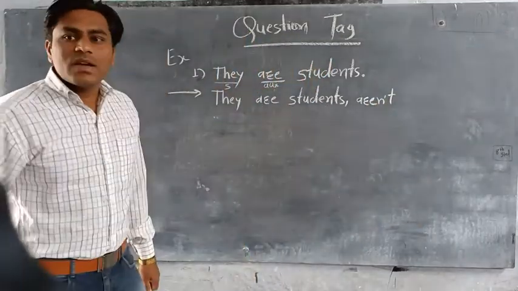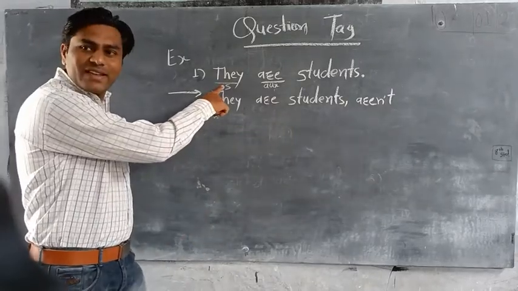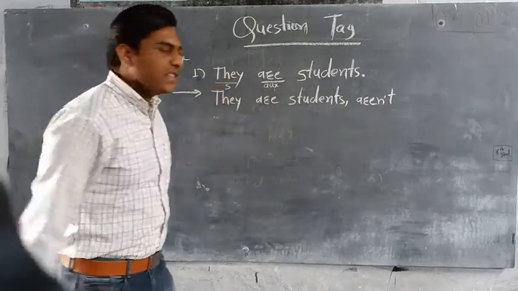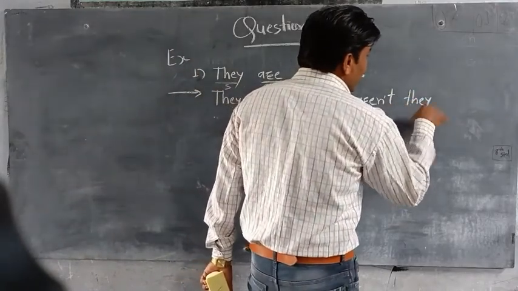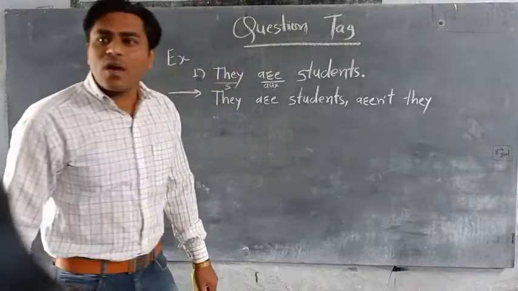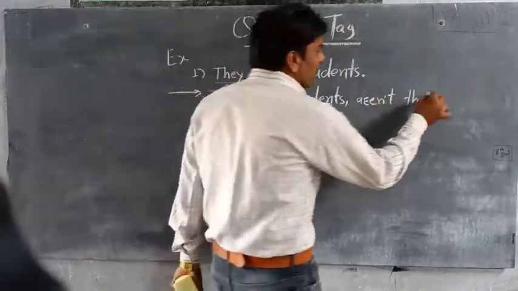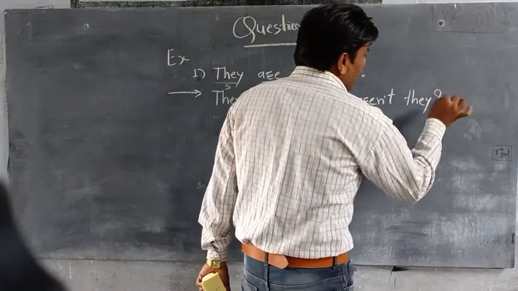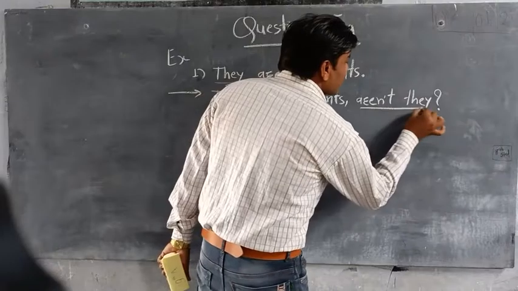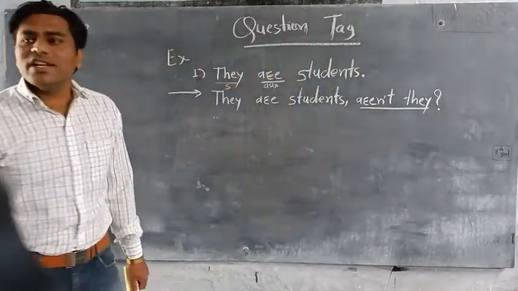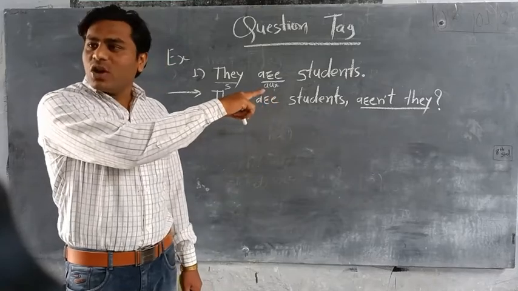Then the sentence is about they, so we write they as it is. After this we put a question mark. To this we call it question tag.